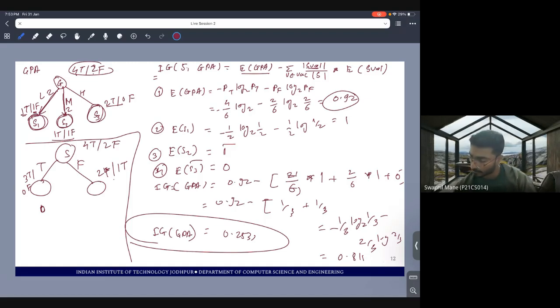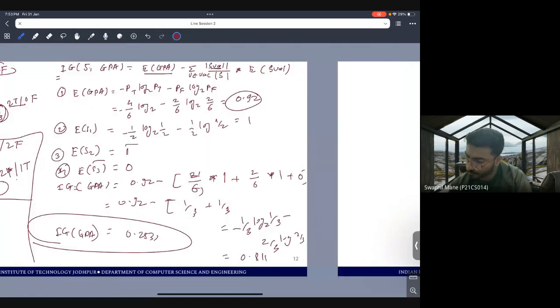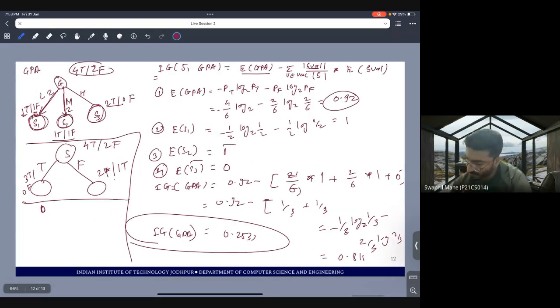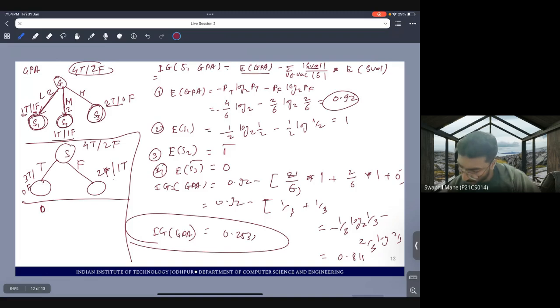Yeah, so I will create a new page here, maybe. So we have got the information gain for studied equal to 0.92 minus, how much split are we getting here?